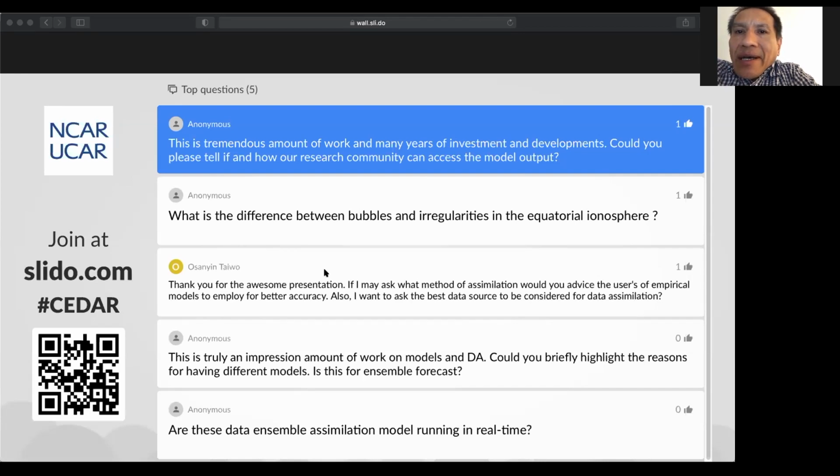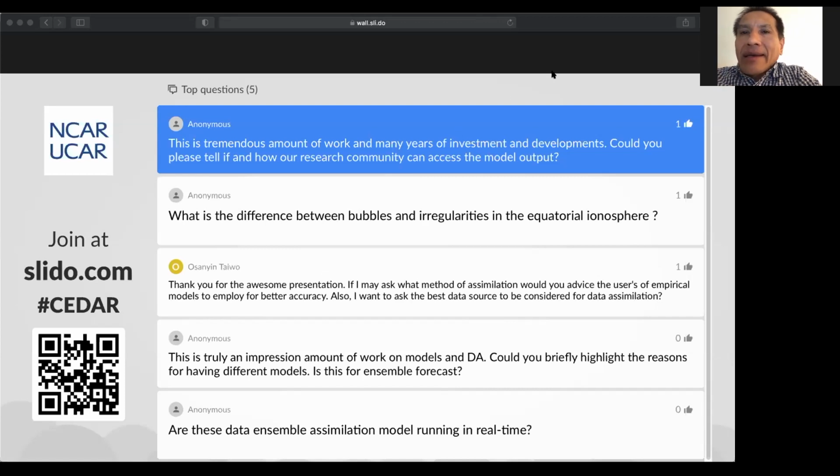Could you please tell if and how our research community can access the model output? Yes, if you want to contact Lucas Shearless or Larry, you can get direct access for large data dumps. Don't forget, this is a lot of data. Okay, all right. So maybe we can follow up with this by the channel in Slack.